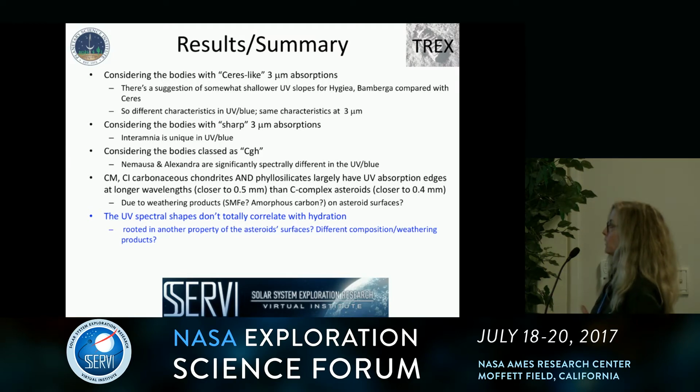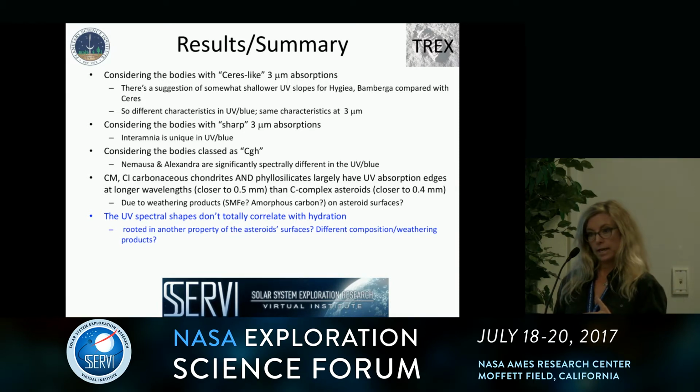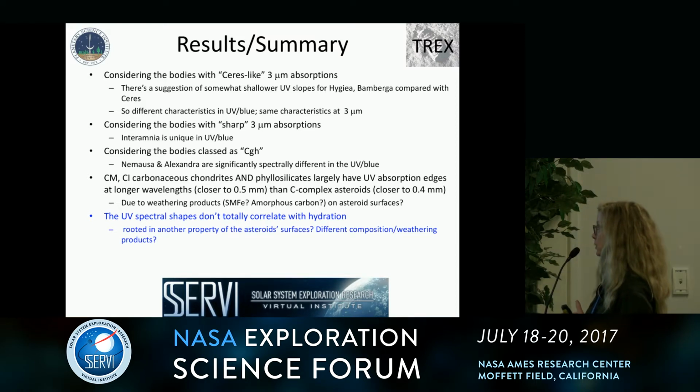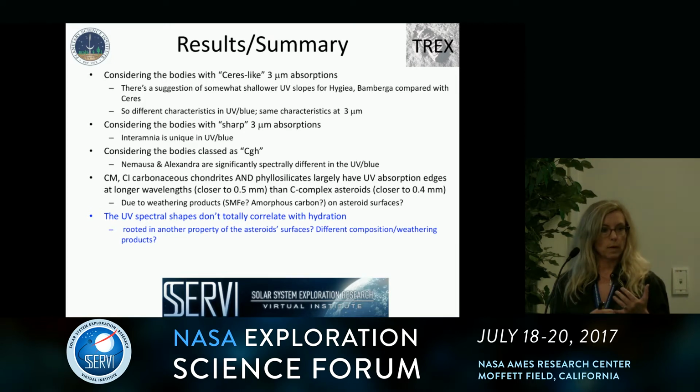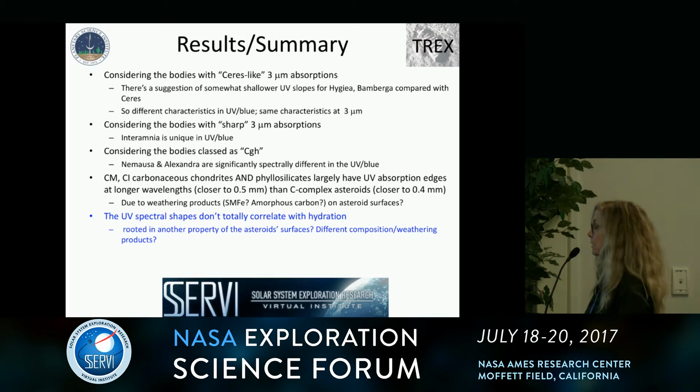And we also see that CM and CI carbonaceous chondrites and phyllosilicates largely have a UV absorption edge at much longer wavelengths than the C-complex asteroids that we're looking at. We need to do some spectral modeling of this, but we're attributing it right now to weathering products creating opaques on the surfaces. So the bottom line is that UV spectral shapes don't totally correlate with hydration.